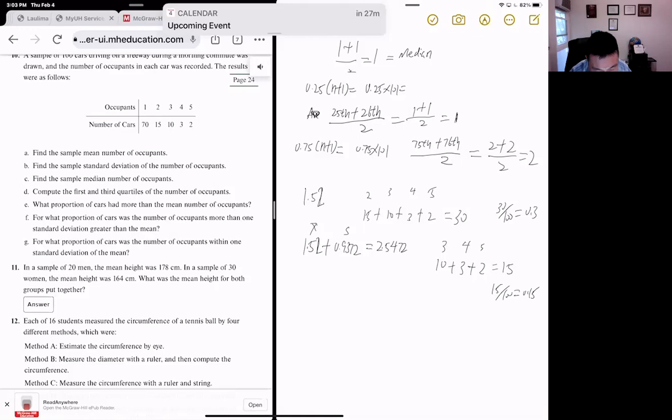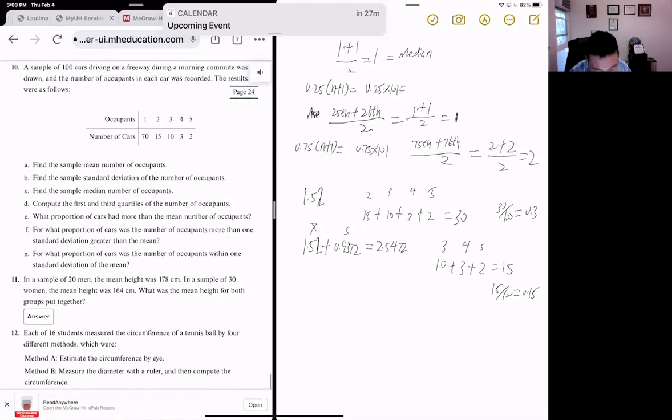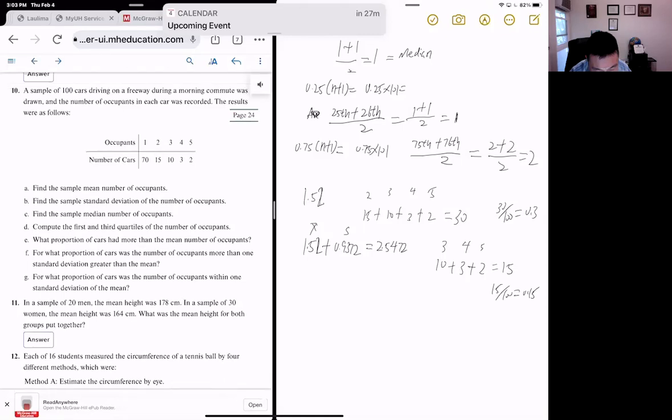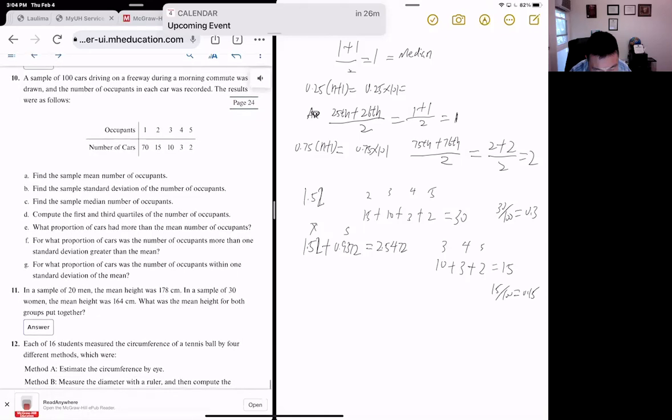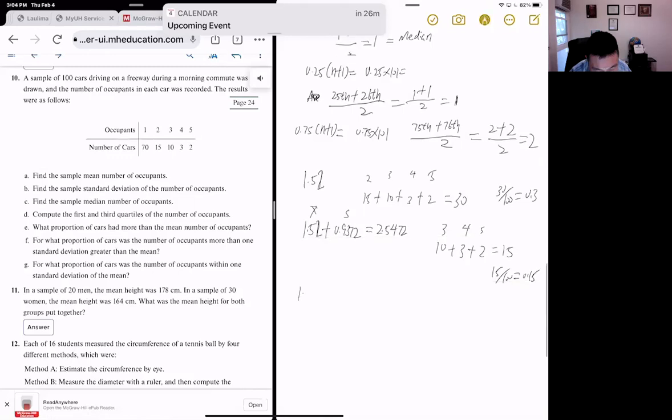Last part of the question for this question, number 10, G. What proportion of cars had a number of occupants within one standard deviation of the mean? So that is the mean 1.52 plus or minus the standard deviation 0.9372.